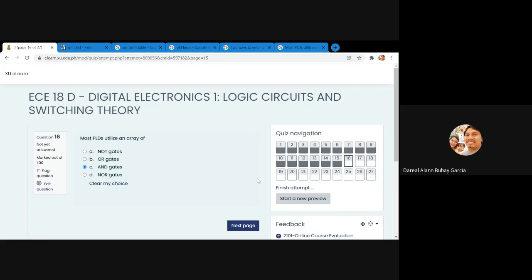AND gates ang answer. Sakto si Rom, no? In system programming of PLD typically uses all of the above. I will get all of the above.